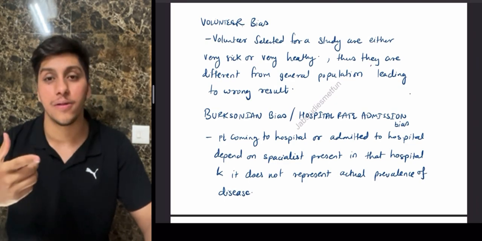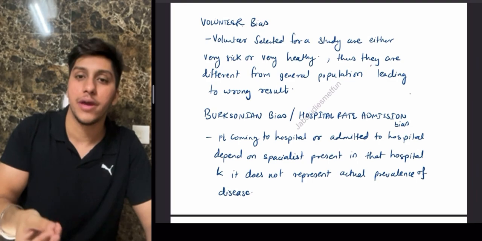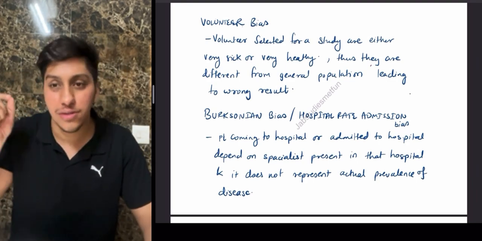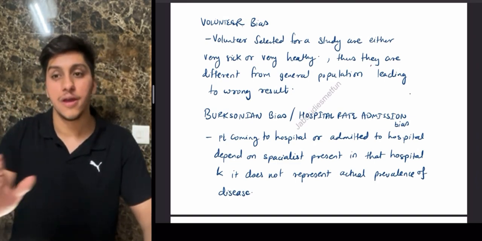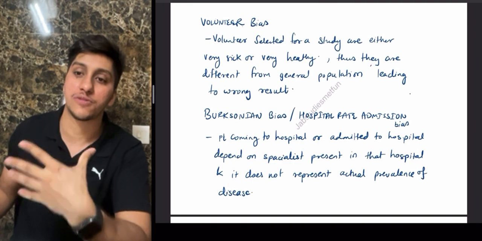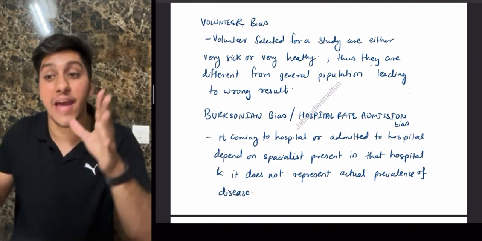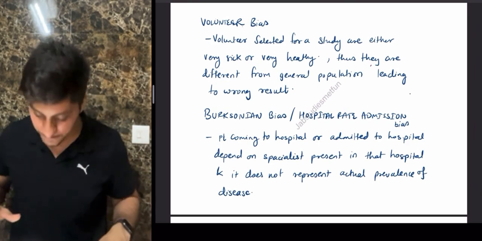But that is wrong, because of my specialization, I am only getting them, and then I think everyone in the world is depressed. So this is known as Berksonian or hospital-based admission bias. Patients coming to or admitted to the hospital, depending on the specialty present in the hospital, does not represent the actual prevalence of the disease. Makes sense? I hope you understood.